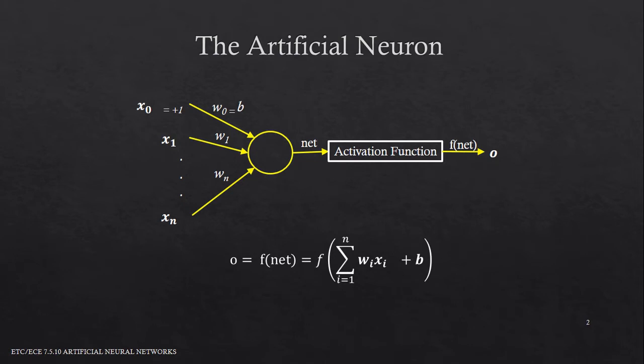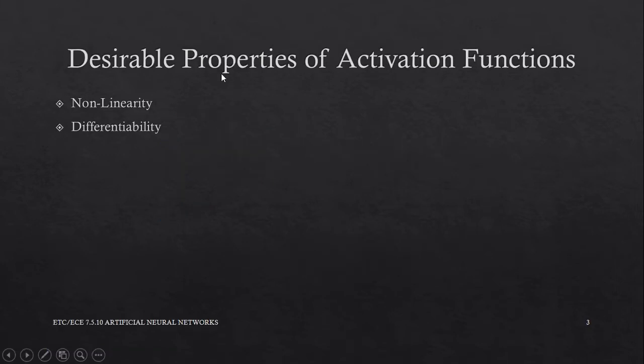Today, we will enlist some more activation functions. As you already know, activation functions are used to calculate the output response of the neuron. There are certain desirable properties that the activation functions need to possess in most of the applications.